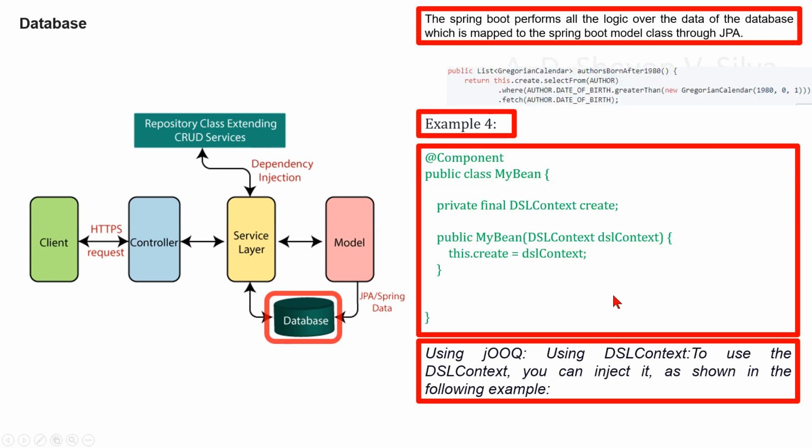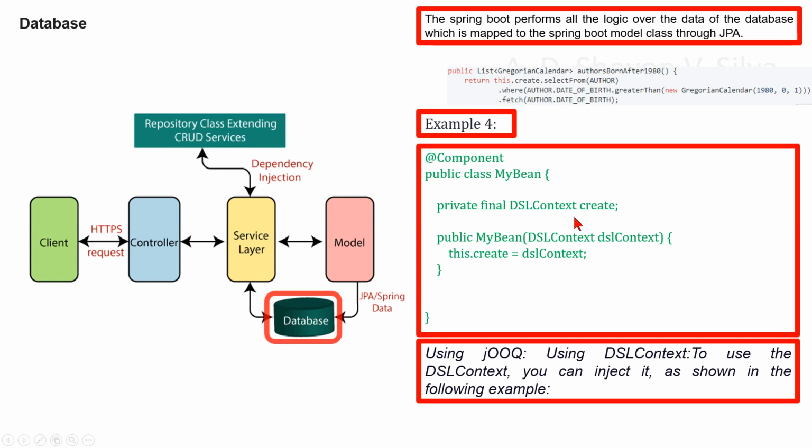Now we are considering using DSLContext in jOOQ. The fluent API offered by jOOQ is initiated through the org.jooq.DSLContext interface.